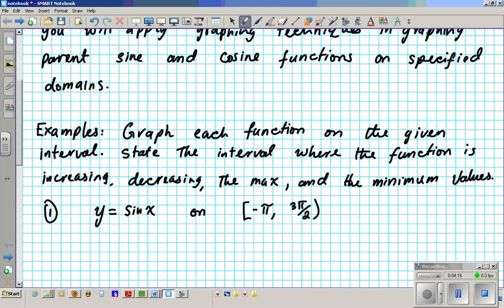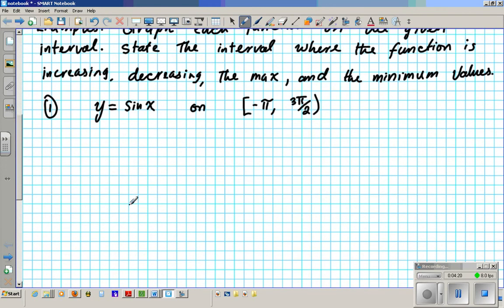Okay? So let's see how that looks. Let's make a graph. Since this is a parent function, we are just going to partition our x coordinate by breaking 2 pi into 4. If we break 2 pi into 4, it's going to give us pi over 2. So this is going to be our calibration for the x coordinates.